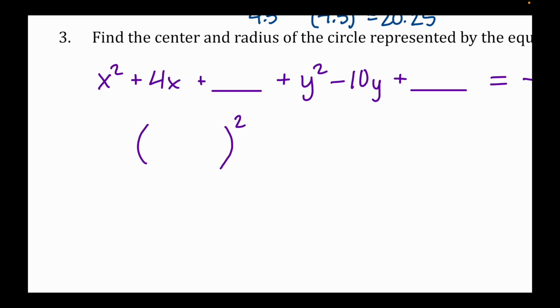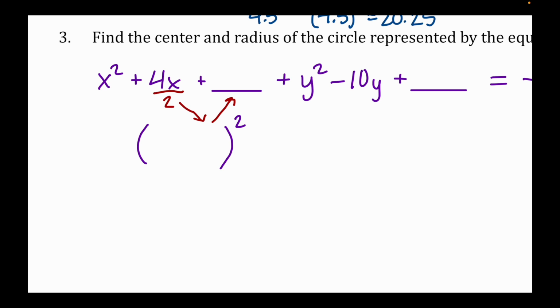So if we're looking at 4x, I'm going to take 4x and divide it by 2, and show this in red. So I'm going to divide this by 2 and then put it here. And then that number squared is going to go up here.